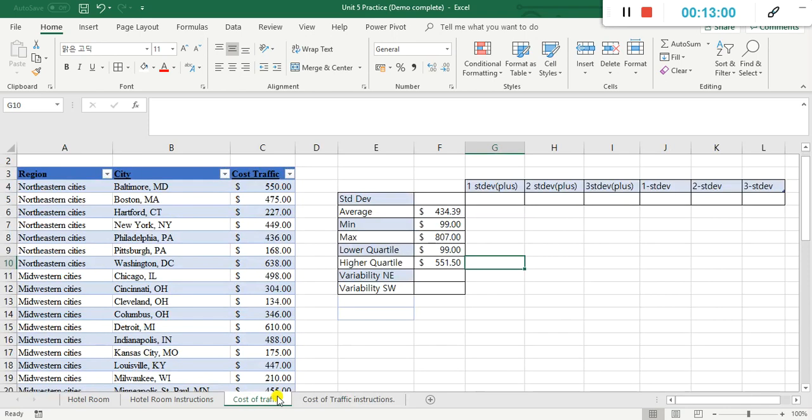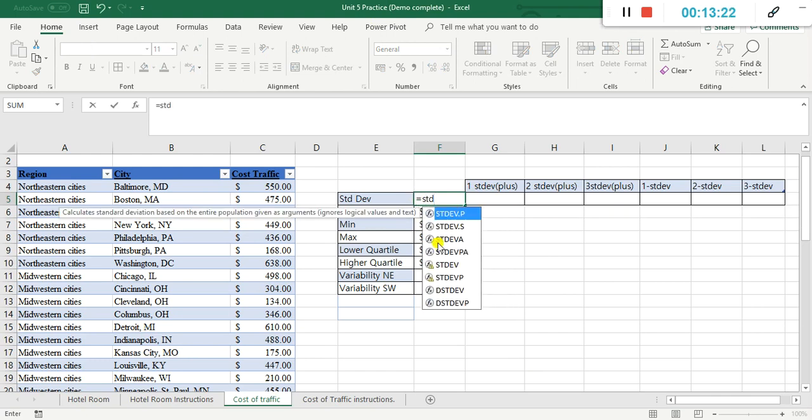So let's talk about the standard deviation. Remember, with the standard deviation we want to know the average distance of all the numbers from the average. So I'm gonna go to the standard deviation and calculate it first. I'm going to type equals standard deviation.